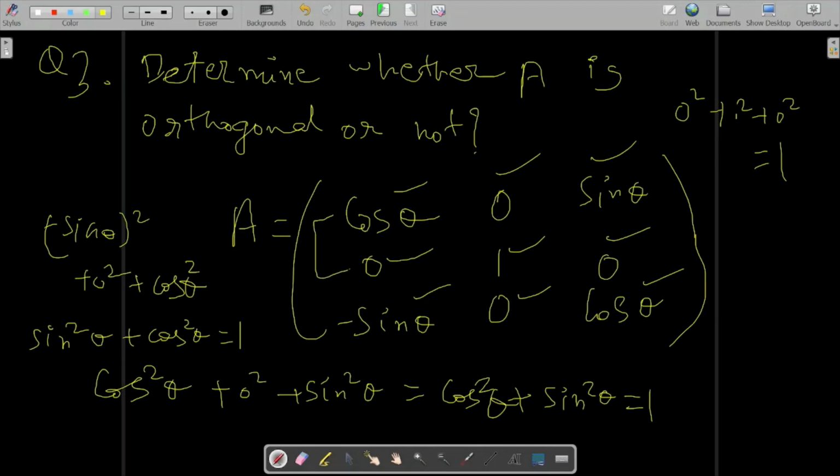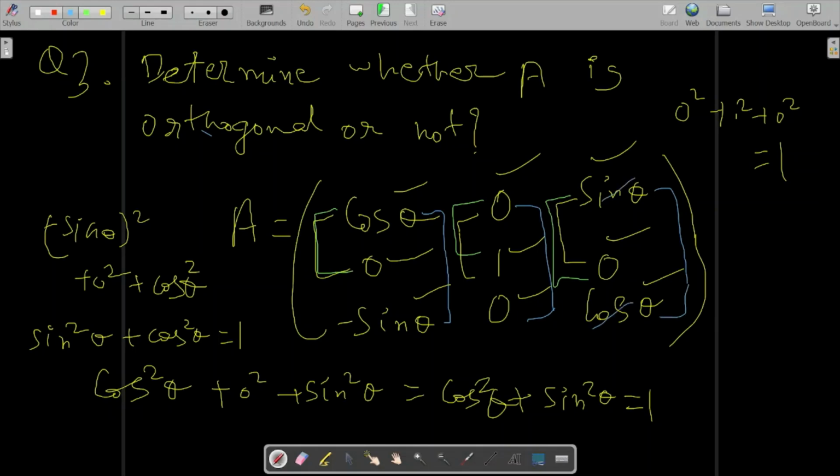Then the product of the first two rows: 0 plus 0 plus 0, which means the product of these two rows added together has given you 0. Then we will look at the first and third rows. This row multiplied by this row gives minus cos theta sin theta, plus 0, plus sin theta cos theta. So the product of these two cancels out the product of these two, and again it is giving you 0.